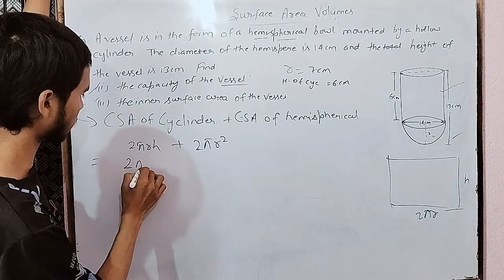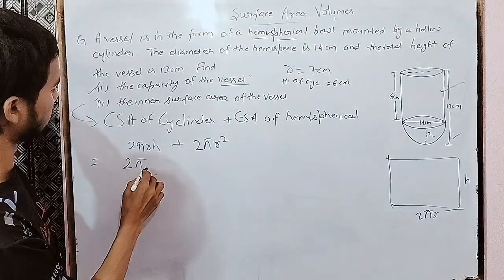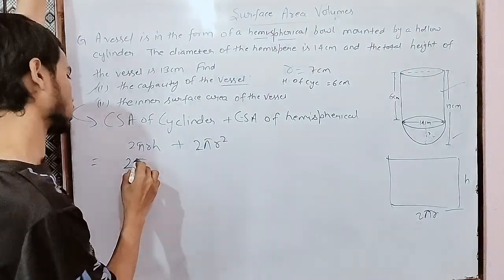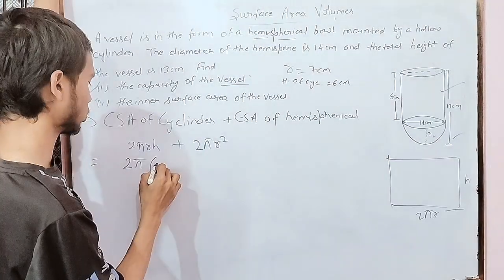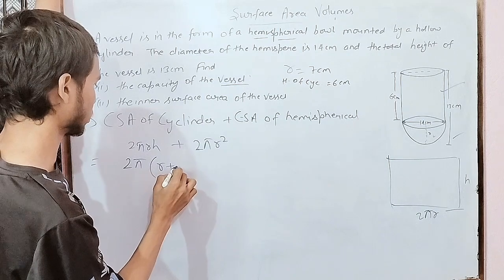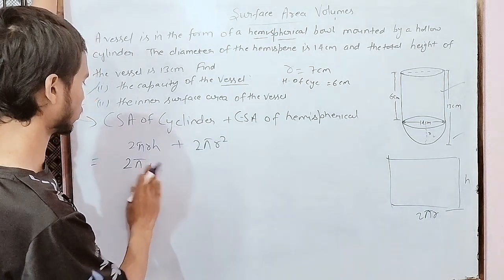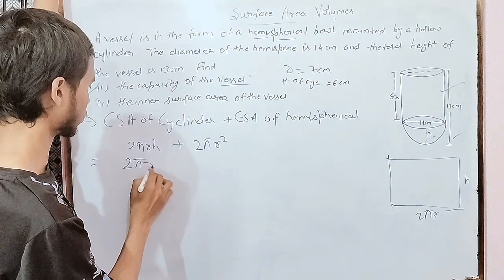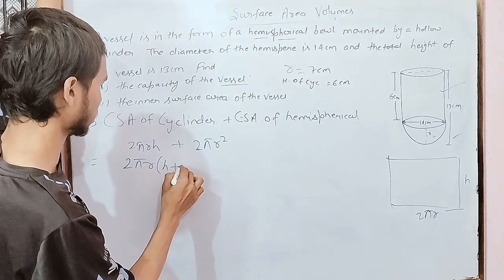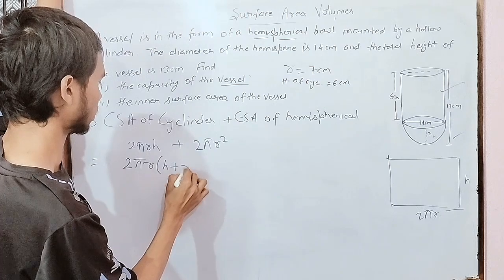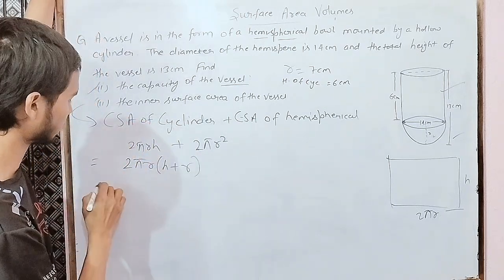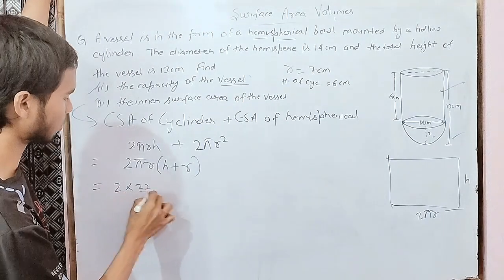Just 2 pi. So r plus h. 2 pi r. So h plus r. Now 2 multiplied by 22 upon 7.